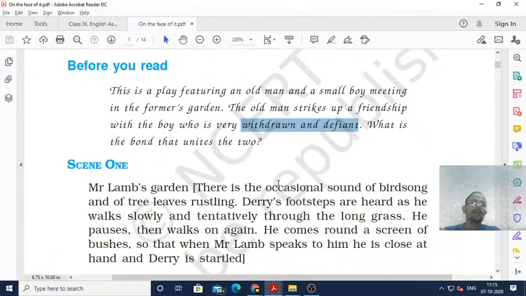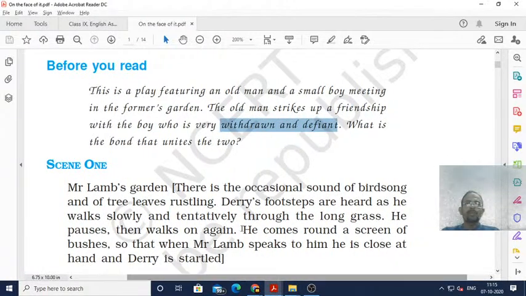The scene is in the garden of the old man. A young boy comes into the garden, and there begins the friendship. So we shall discover their friendship now.